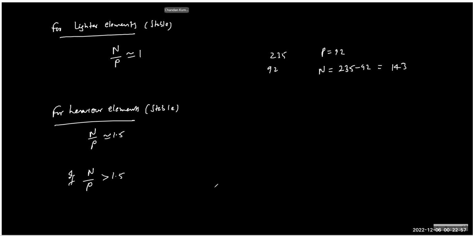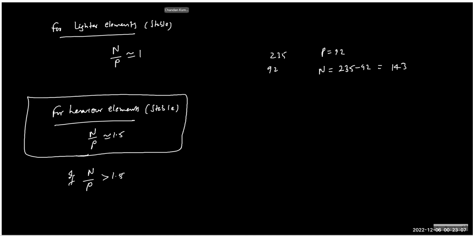The neutrons have become more than protons by a value which is much more than the stability condition. This is the stability condition, roughly this. So if the N/P ratio is much more than this, which transition will you favor?